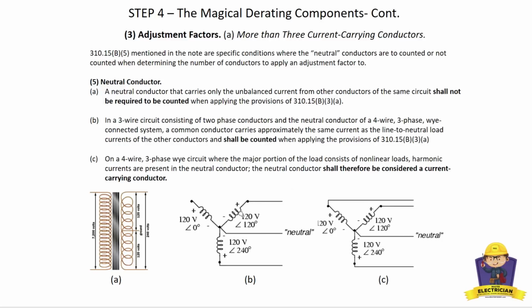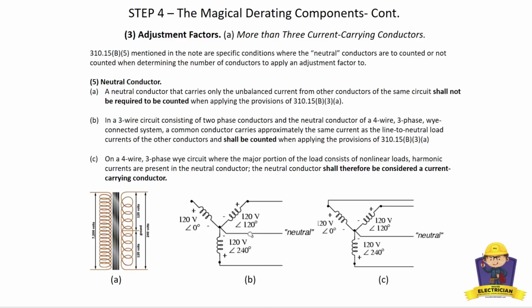So here's a Y, and you see they're only deriving from this Y 2 phase conductors and 1 neutral conductor. Well, if that's the case, you're not going to get a cancellation effect. And what happens is the imbalanced load that could be put on this neutral could actually be approximately the same amount of current that's traveling in these.